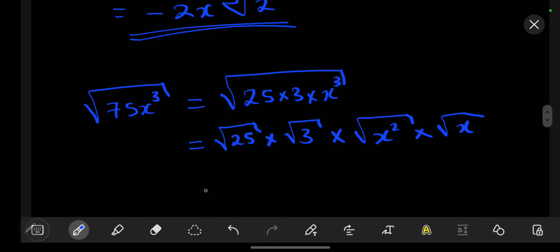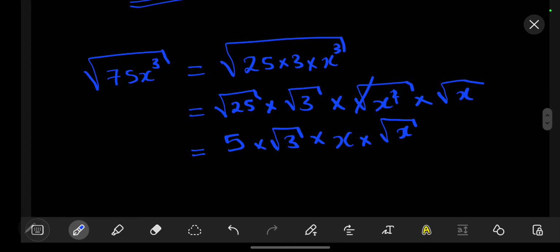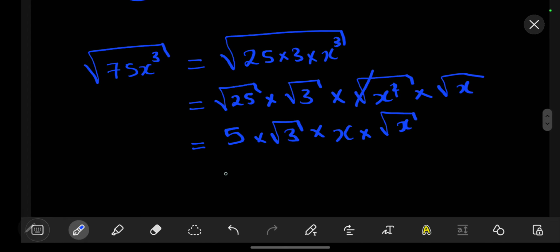So the square root of 25 gives us 5. Then we have times the square root of 3. Here the power and the square root cancel, so we have x there, times the square root of x. So we have 5 times x.